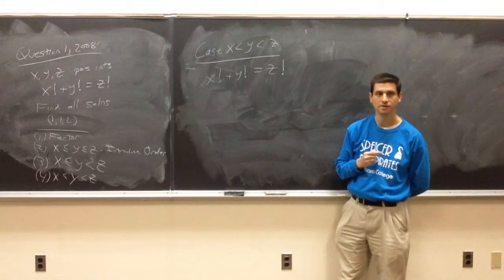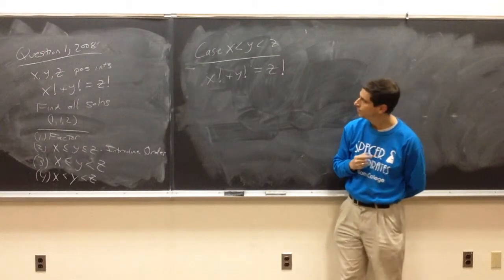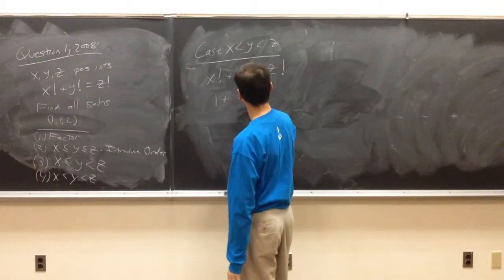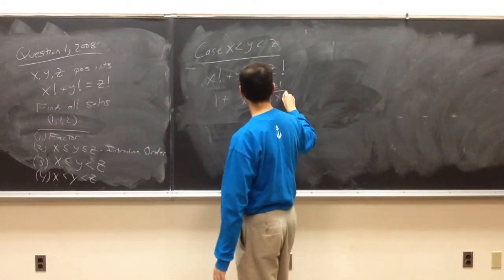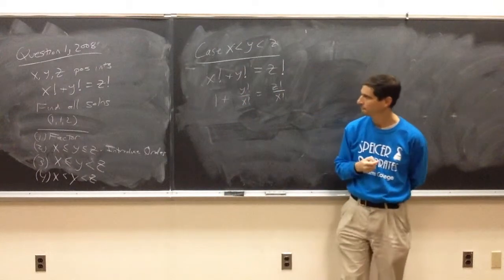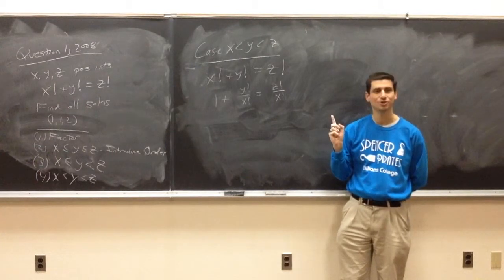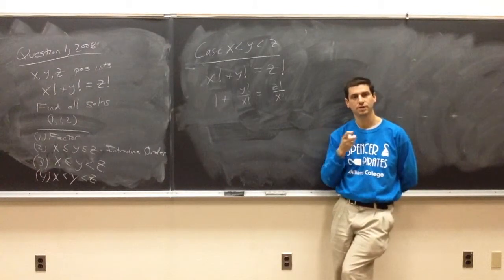And you know that y and z share a factor, namely x plus 1. You can try a divisibility argument. So you get 1 plus y factorial over x factorial equals z factorial over x factorial. Then that's not y minus x factorial, it's y down to x plus 1.